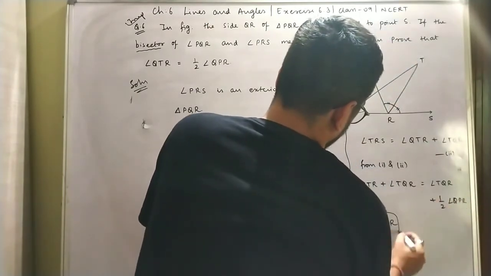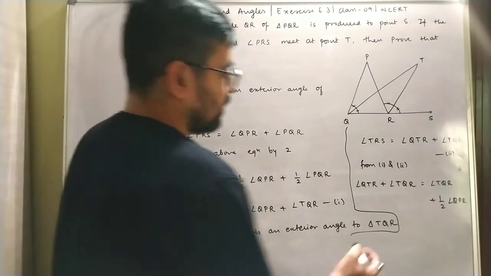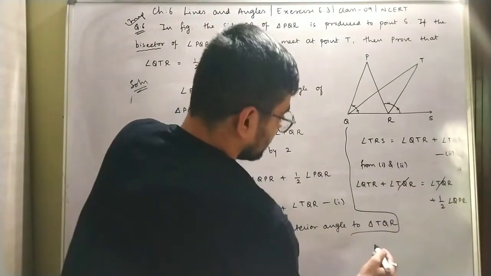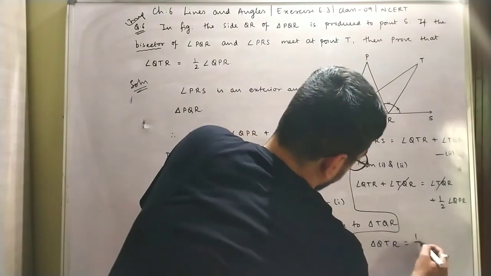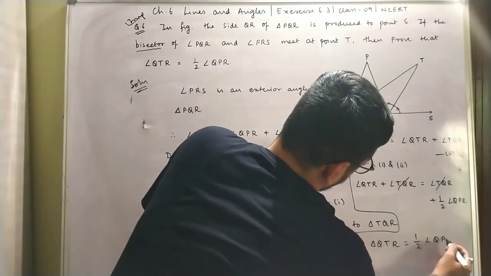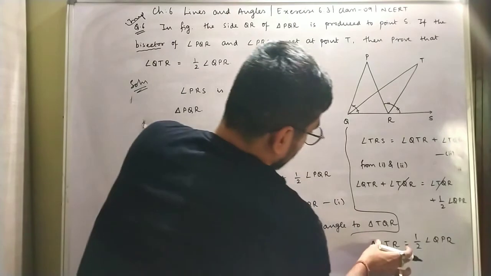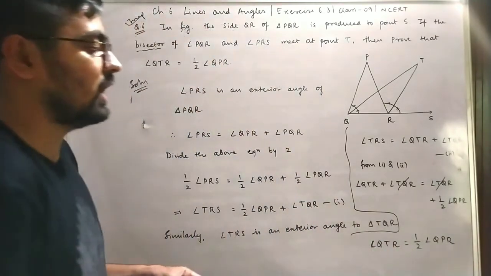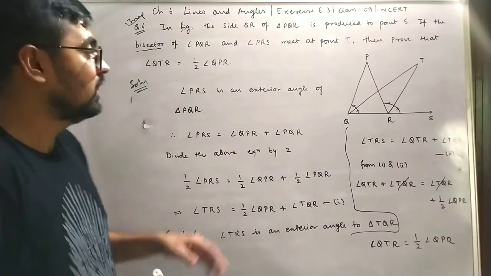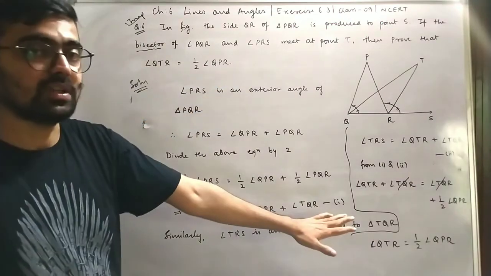Simple. And what will happen next? So TQR gets cancelled, and I got angle QTR is half of angle QPR. Angle QTR is equal to half of angle QPR, and that is what we are supposed to find.